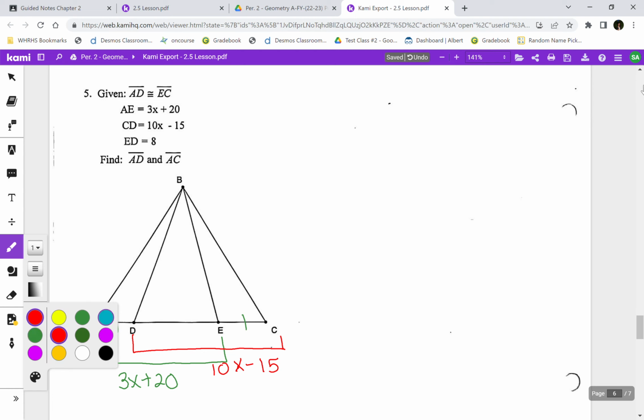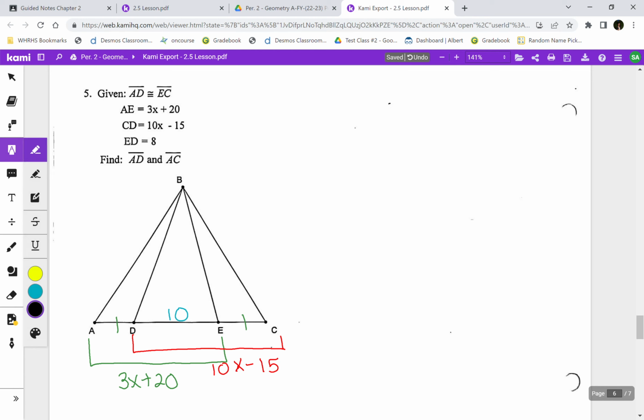ED is 10. And we ultimately want to find the length of AD and AC.